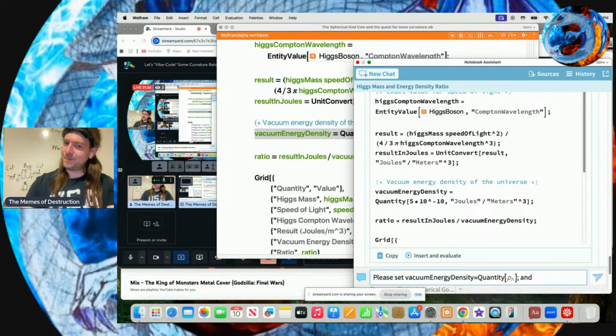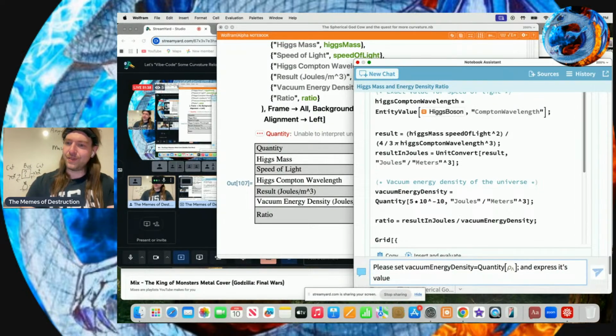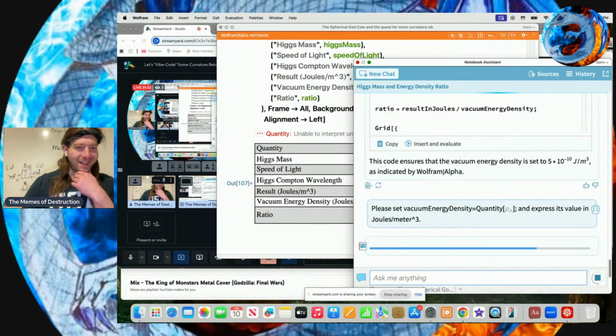And what do we want? Express its value in joules per cubic meter. Joules per meter cubed. All right, slowly getting better. Most of it again, user error.